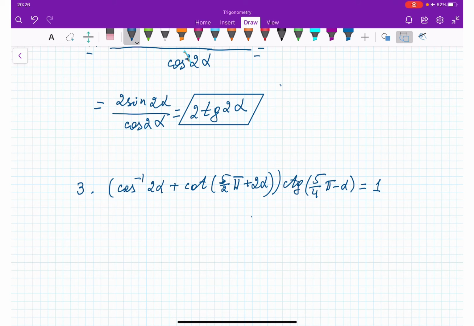Okay, we need to prove that the entire left side is equal to 1.